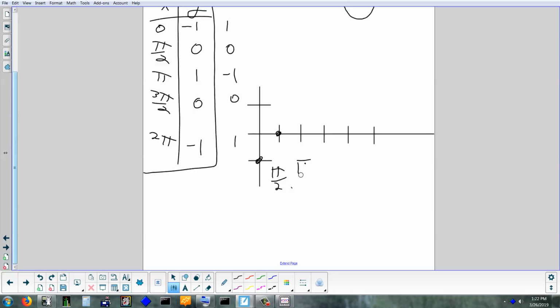Pi, we are at 1. 3 pi over 2, we're at 0. 2 pi, negative 1. Probably should have put the label a little bit lower, but that's okay. And there's your sketch.